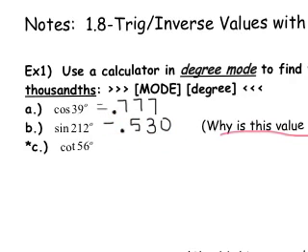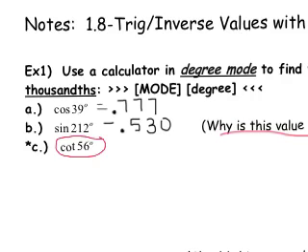All right. C, cotangent of 56. This is where the real problem occurs. This is the main reason why we're talking about this. There are only the sine, cosine, and tangent buttons. And so when you want to use cosecant, secant, and cotangent, you have to do a different way of doing this.